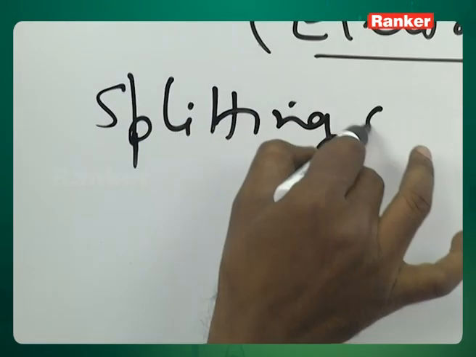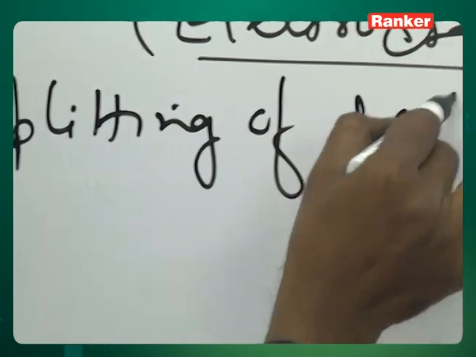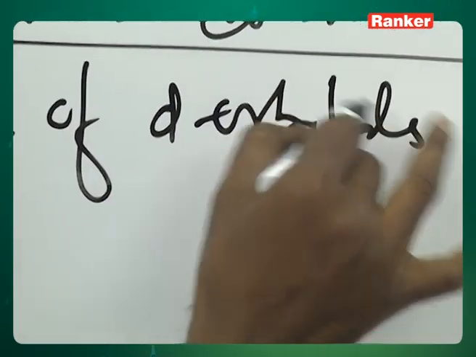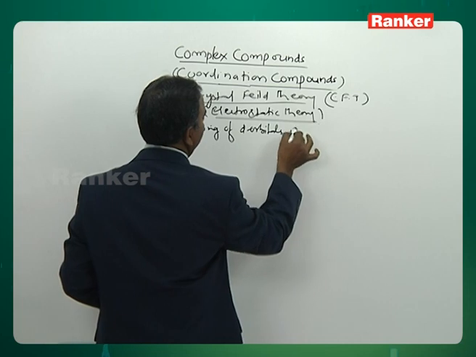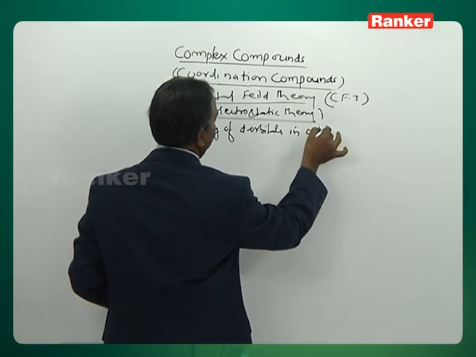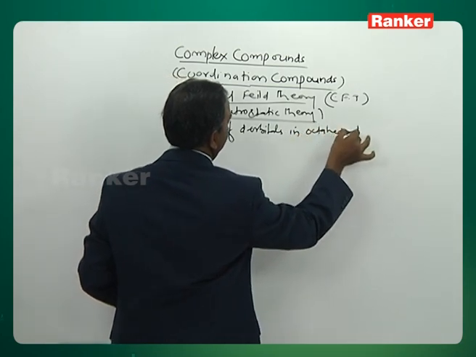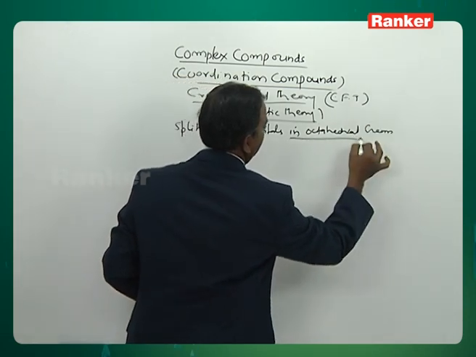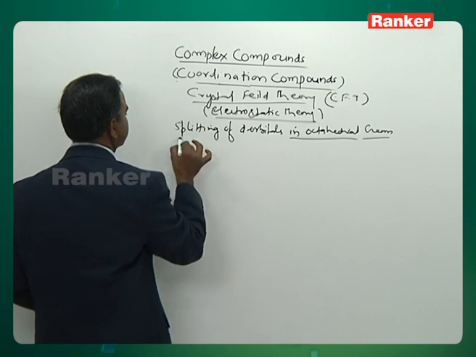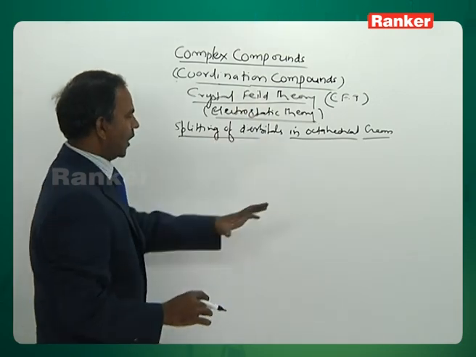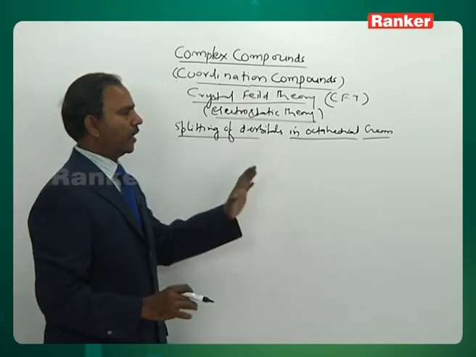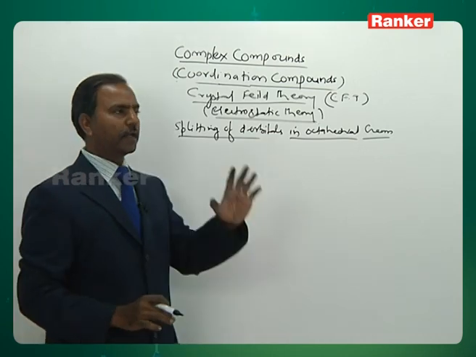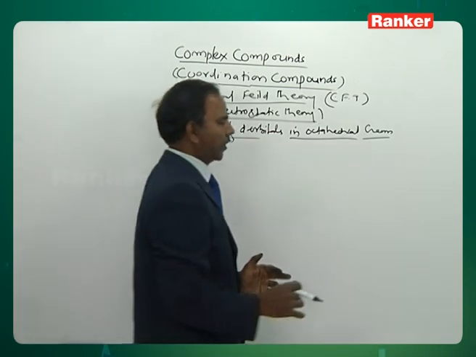Splitting of d orbitals in octahedral geometry. Now, let me give a diagram, and based on the diagram we can easily explain the splitting of d orbitals.